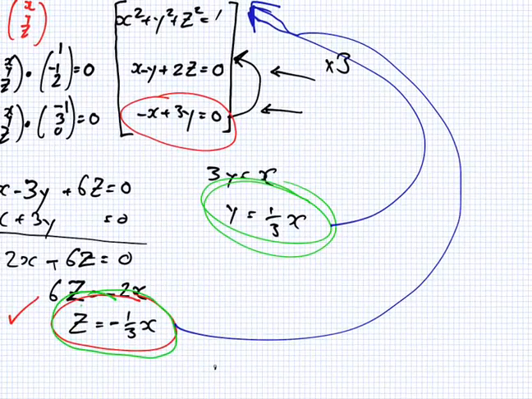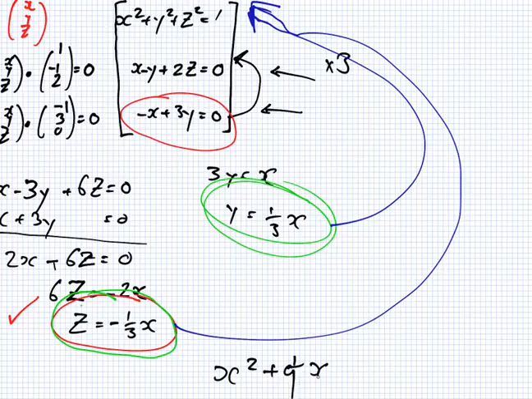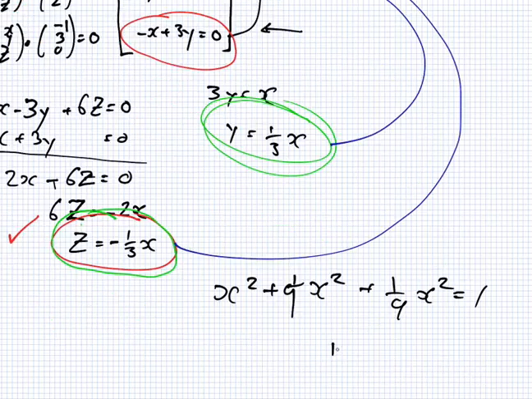So I have x squared plus y squared plus z squared equals 1. See, I replaced the y and the z with these two. 11 over 9 x squared equals 1.